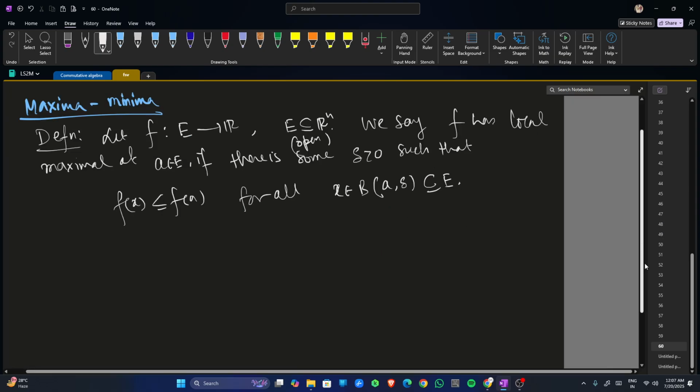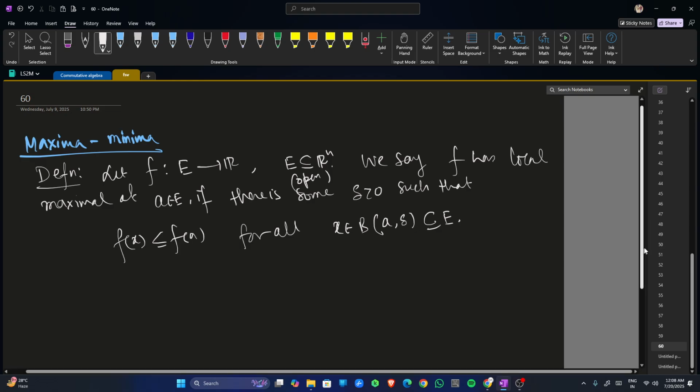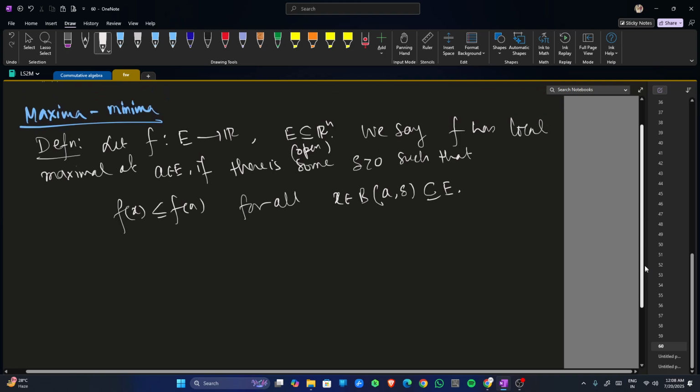We can define a local maxima for a function on any set, but I cannot assure that every time B(a, delta) is contained inside. That's why I take the set to be open. Otherwise, I have no problem.